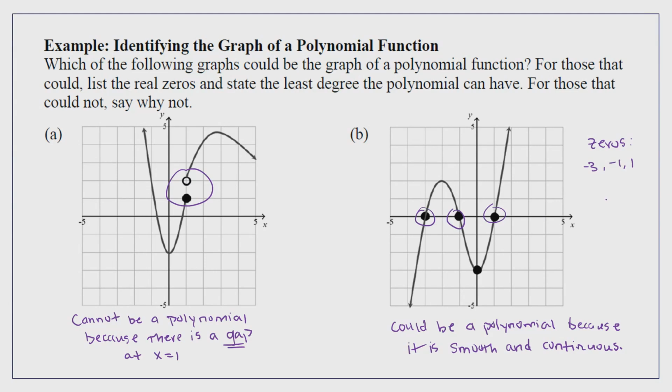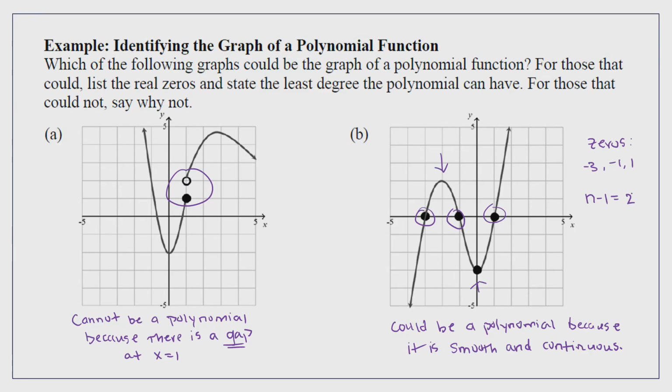So our degree. In order to find our degree, we're going to use the expression n minus 1. So n minus 1 equals 2. Okay, that's the number of turning points. There are 2 turning points. There's one right here, and there's one right here. That's where they change from increasing to decreasing.